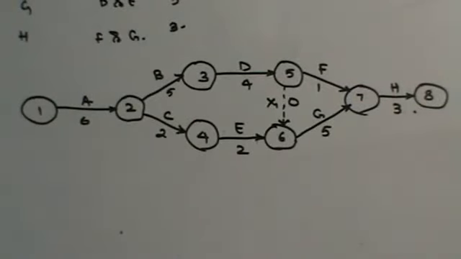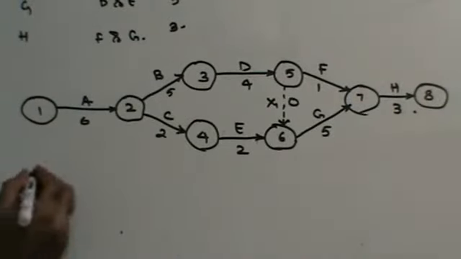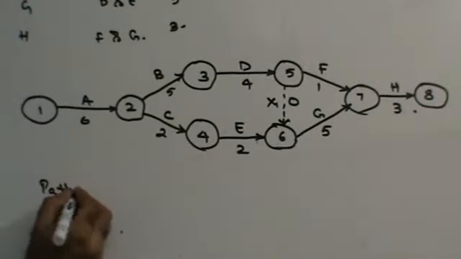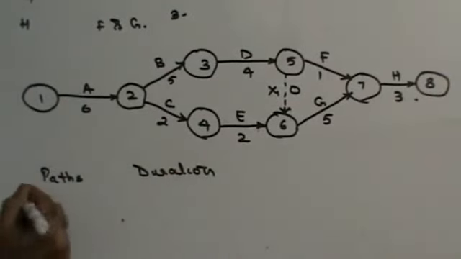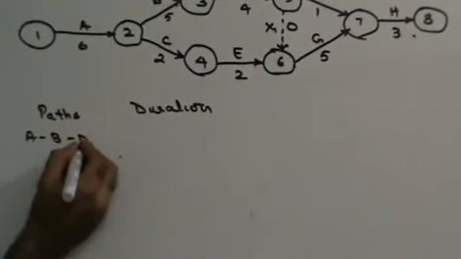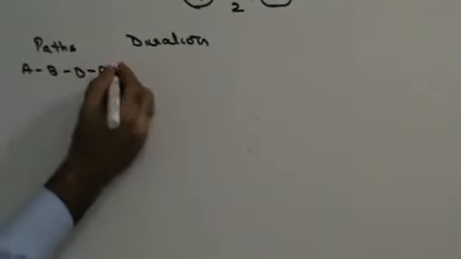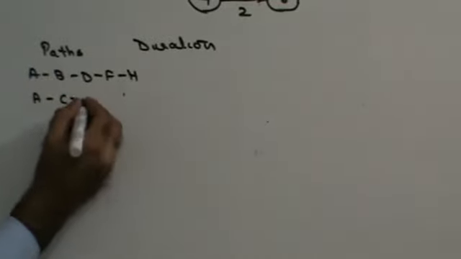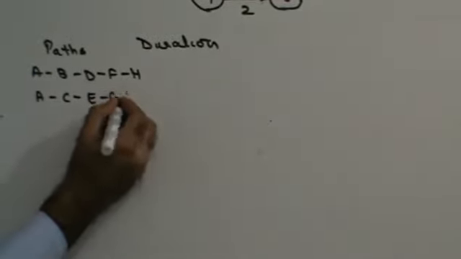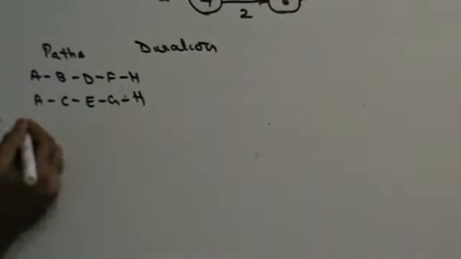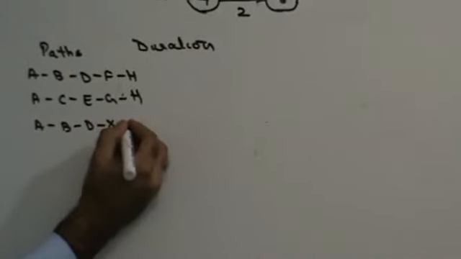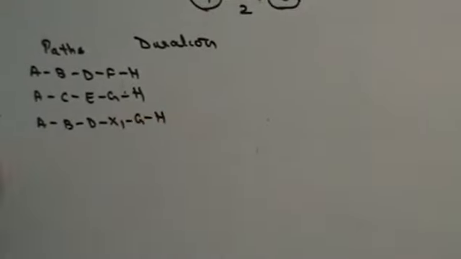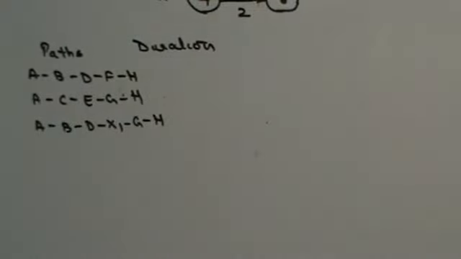Now let's try to see what are the various paths I can have. Path duration. One of the paths I can have is A, B, D, F, H, right? The other path is A, C, E, G, H. Then I can have a path A, B, D, X1, G, H. So these are the 3 different paths I can have.